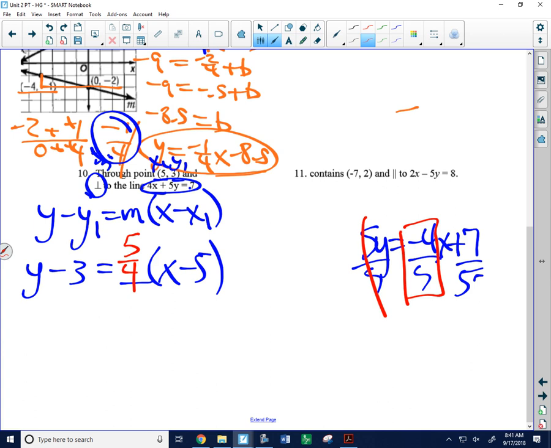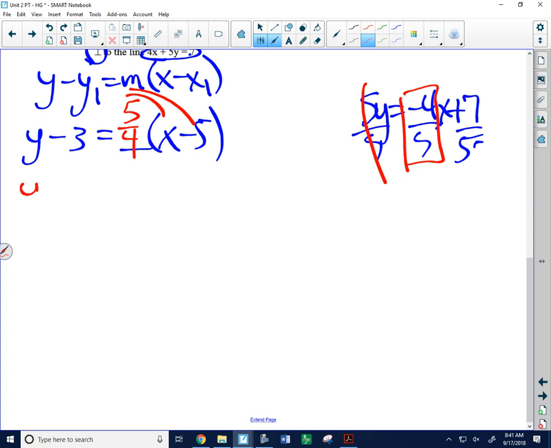Okay, so I chose point slope. I mean, it's similar work if you've done slope intercept, but in this one, you have to distribute. So 5/4 times x is 5/4 x minus 5/4 times 5. Let's do decimal. It's going to be 25/4, which is 6.25.